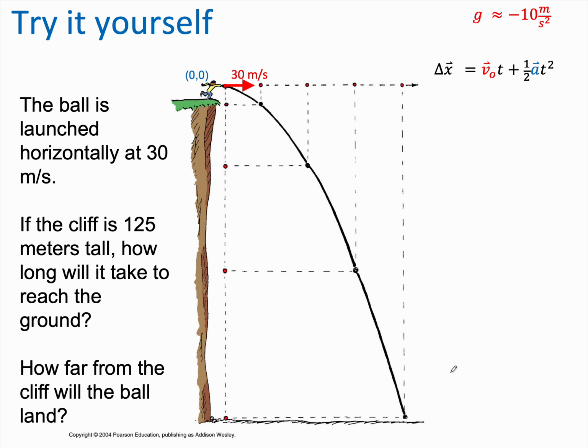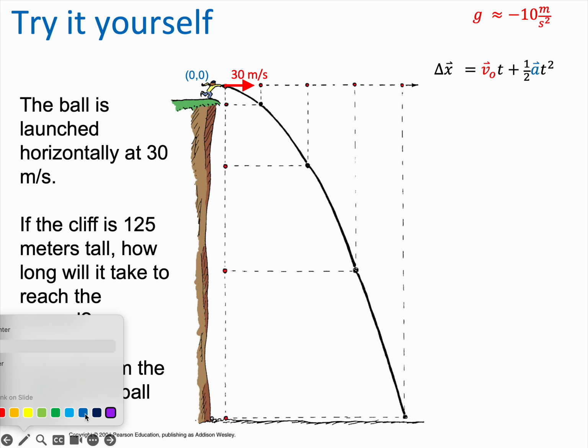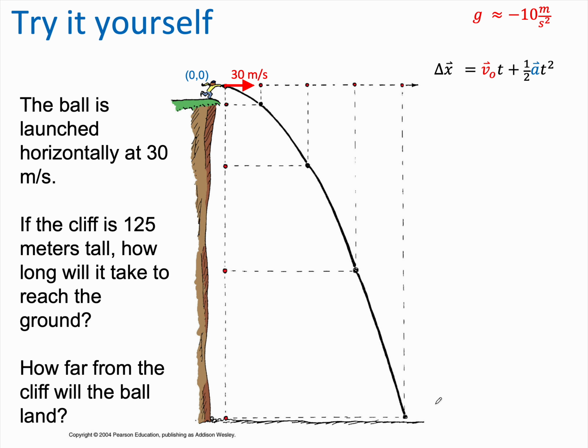Speaking of homework, before homework, let's try this one real quick. A ball is launched horizontally at 30 meters per second. If the cliff is 125 meters tall, how long will it take to reach the ground? And then how far away from it? Basically, what we're trying to do is figure out a couple of things.